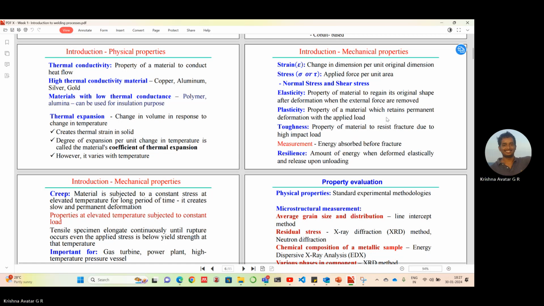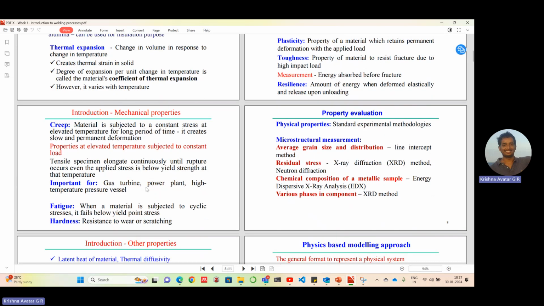Plasticity is that the body retains its deformed state despite the removal of the applied load. Toughness is the property of a material to resist fracture due to high impact load, and resilience is the amount of energy released upon unloading when deformed elastically.